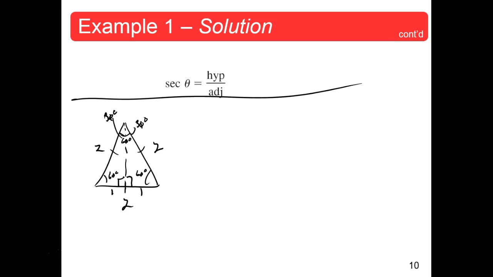So since we have all this, the only dimension we don't have is this one right here, the bisecting line. We're going to have to come up with that. This would be opposite of 60. How could we figure out what length that is? We do the Pythagorean theorem, leaving out b.